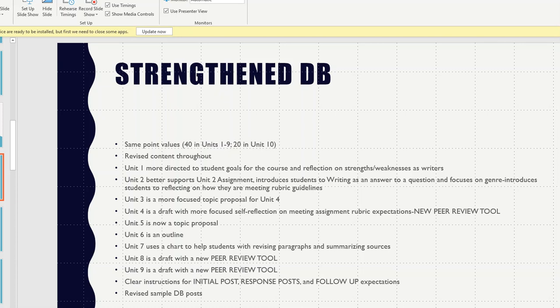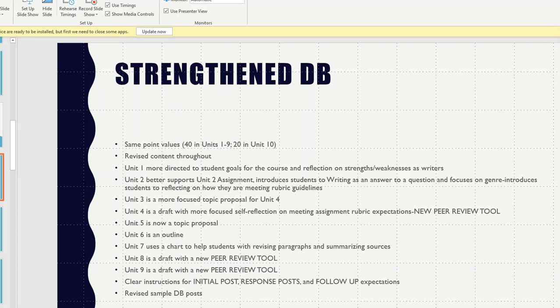And you're going to see how this becomes a major theme for the course, because they're going to do a lot more self-reflection throughout the course, not only in their assignments and the discussion board, but also in the journals. That is going to start with Unit 1, including their personal writing assessment, all the way through the end, with the personal writing assessment at the end as well, and with a vision board that they create at the end of Unit 10.